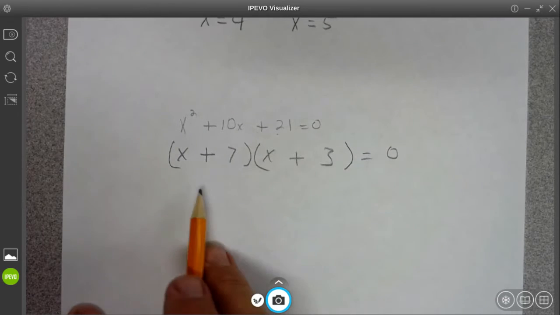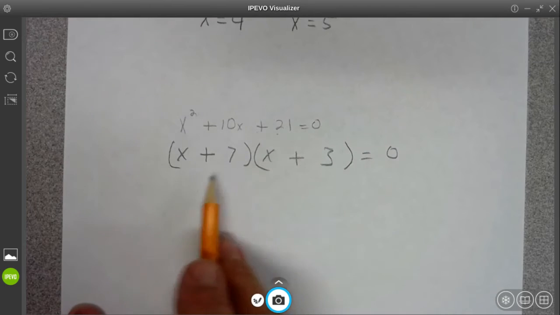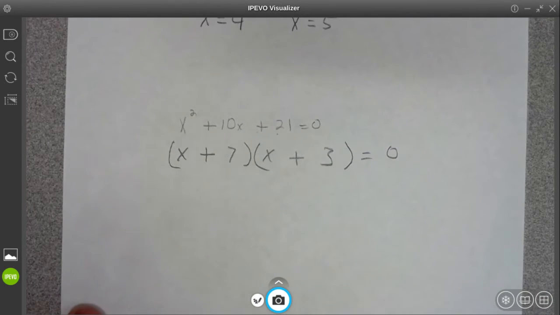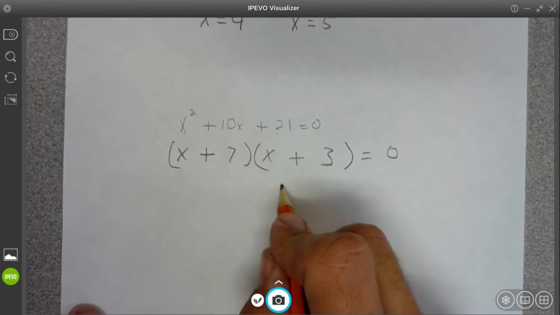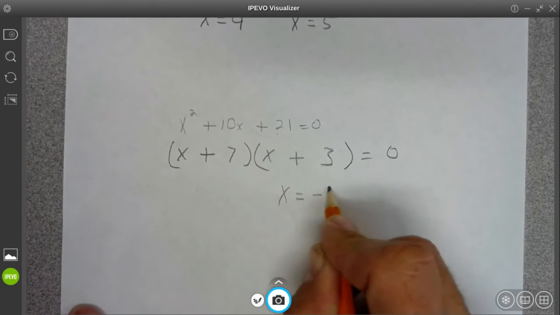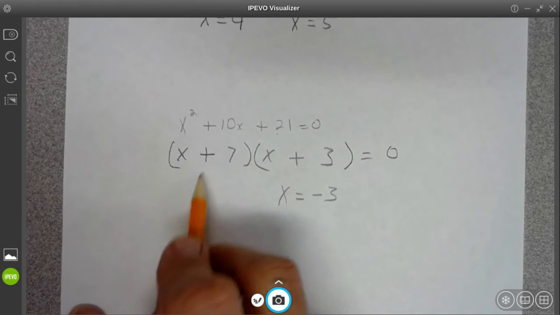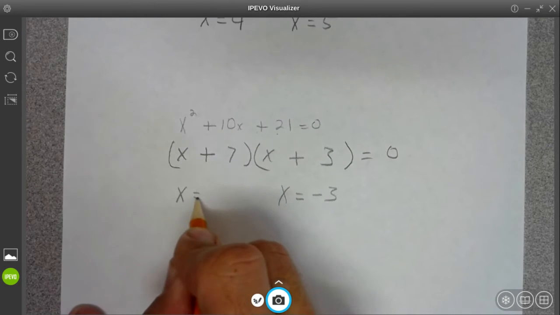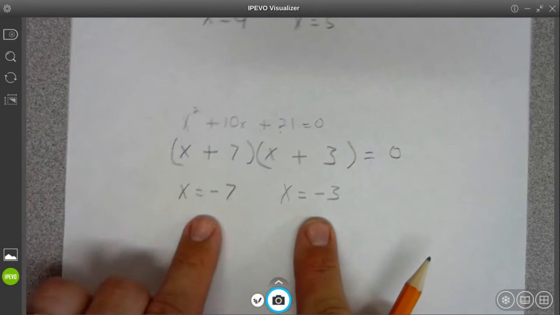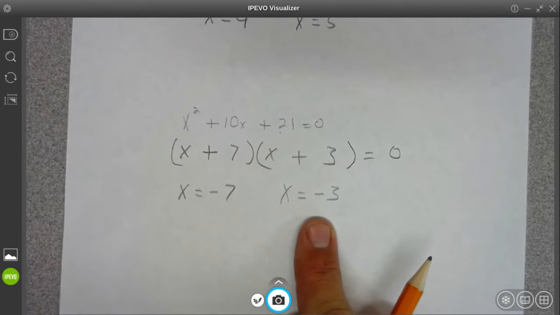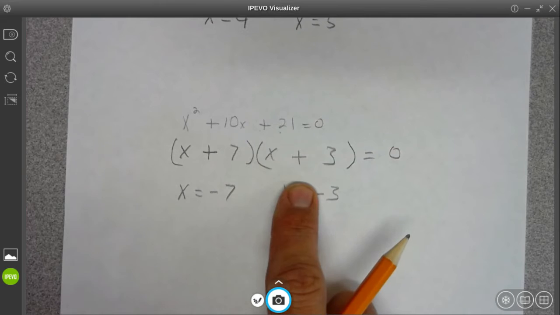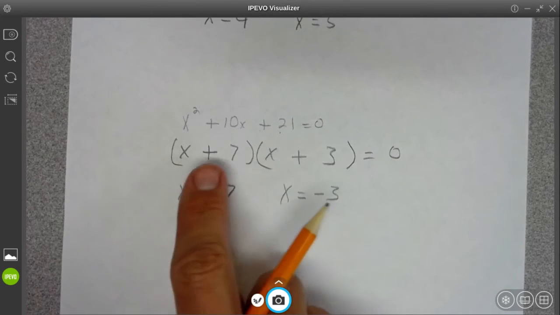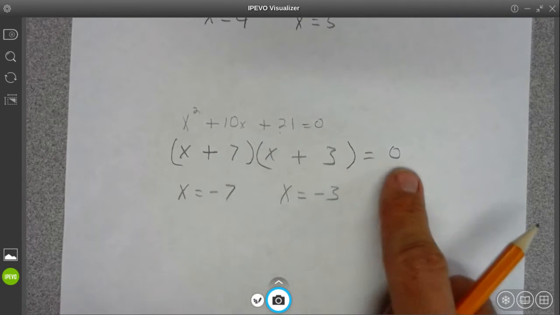Now, in order for one of the factors to equal 0, for this one, x would have to equal negative 3, or for this one, x could equal negative 7. Those are our two answers to this original equation. Negative 3 plus 3 gives you 0, and 0 times whatever this is will ultimately give you 0.